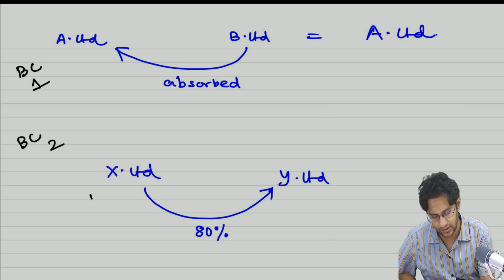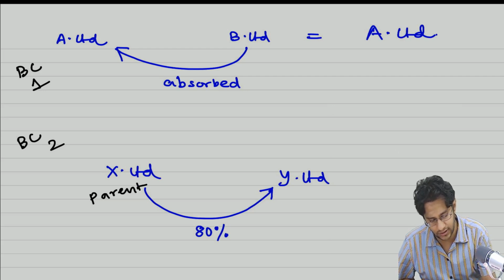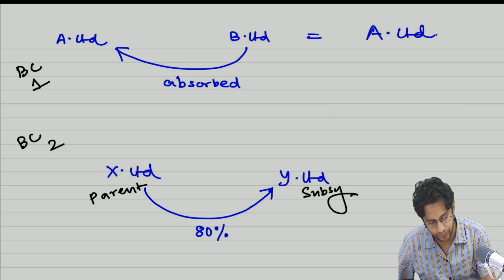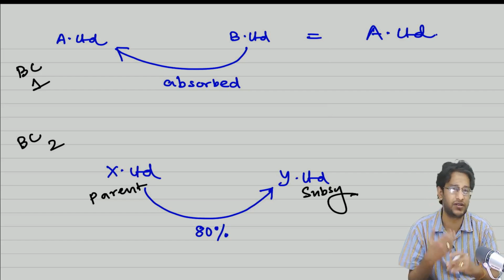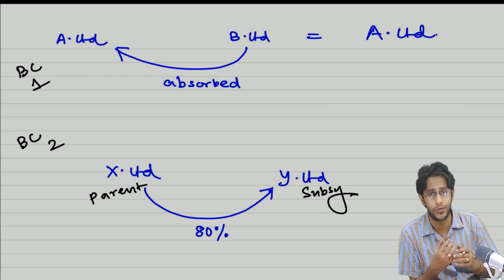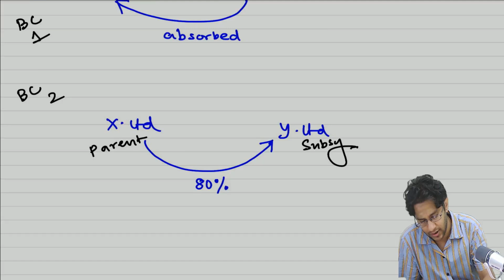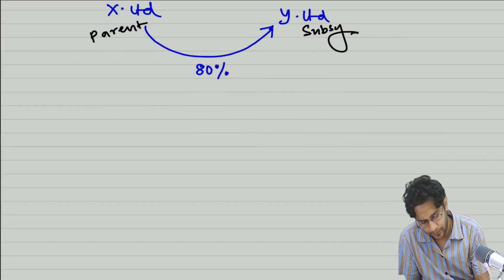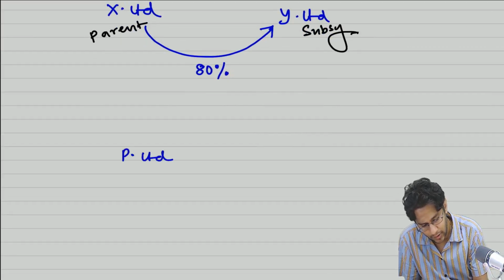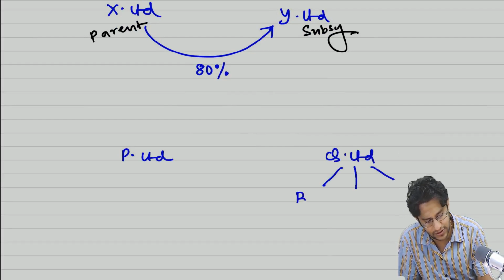Of course, this fellow is called the parent, this entity is called the subsidiary, and of course they'll prepare consolidated financial statements in accordance with Ind AS 110. All that is fine, but prima facie this is a business combination transaction. Next, there is P limited, there is Q limited. This Q limited is having multiple businesses, business 1, business 2, business 3.